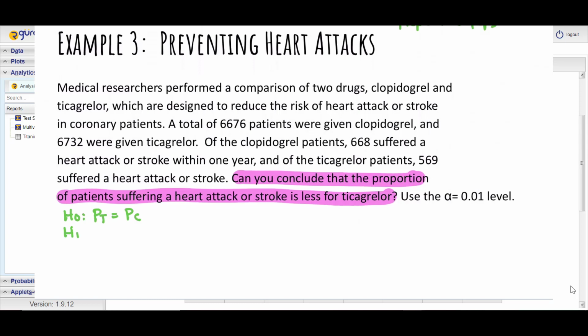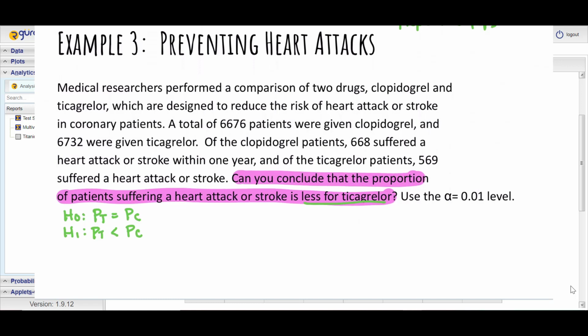And for the alternate, the reason I'm putting the T first is because it says that it should be less for the ticagrelor. So I'm going to show ticagrelor proportion is less than the clopidogrel. And again, I'm probably butchering these names. I really do apologize.